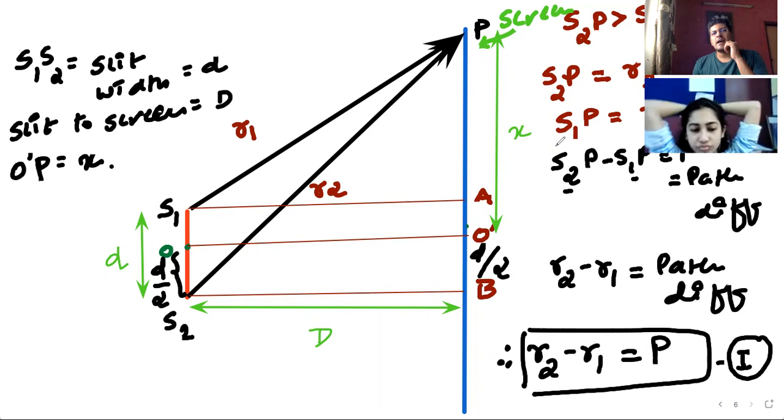So S2 no distance I have Pythagoras theorem, capital D square plus X plus d by 2 square.